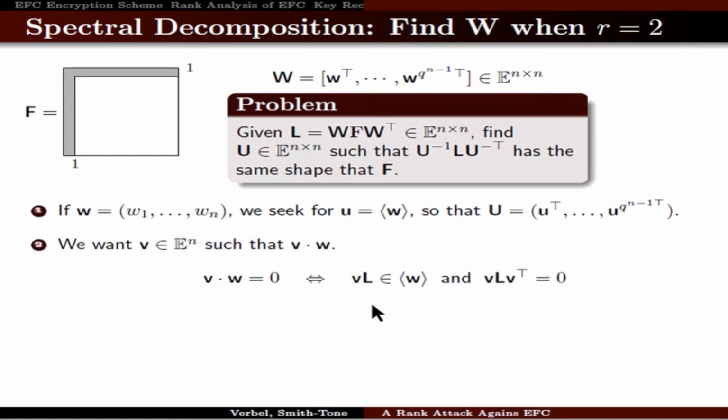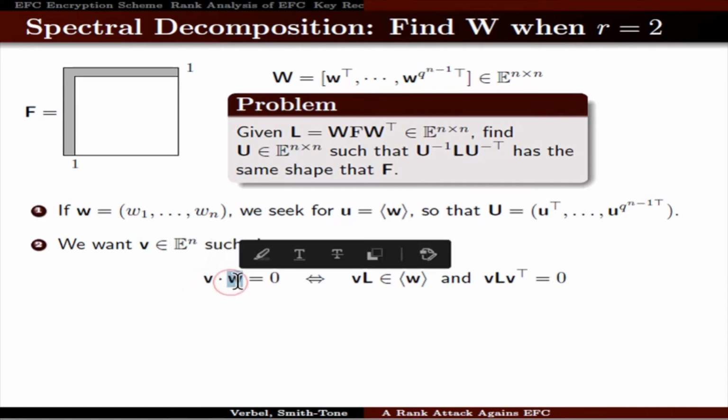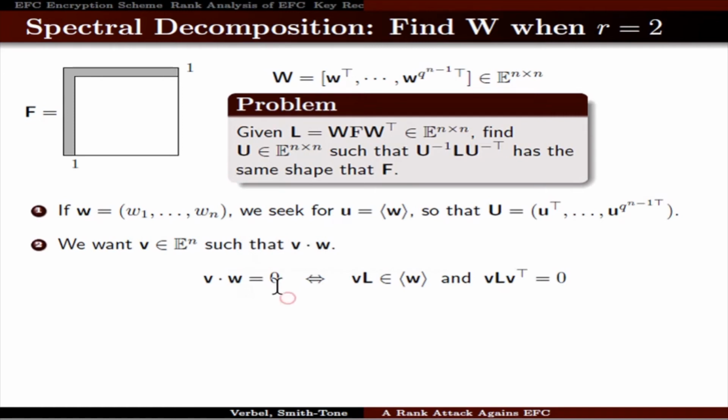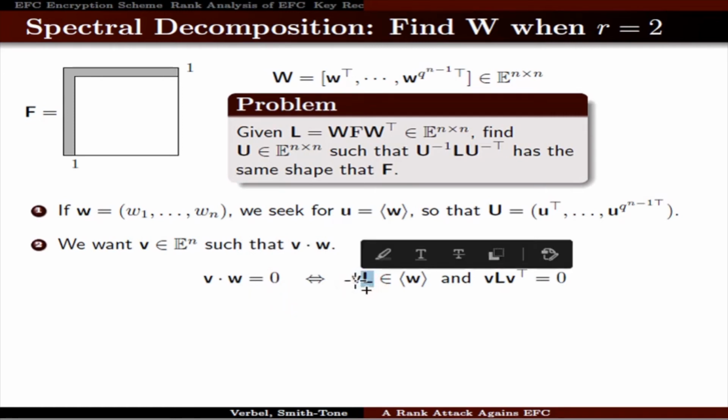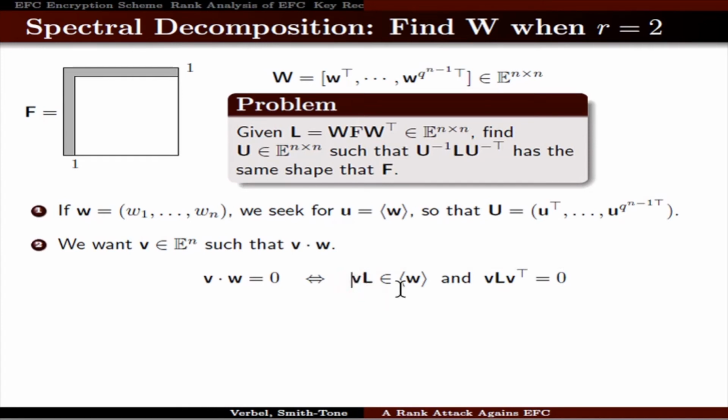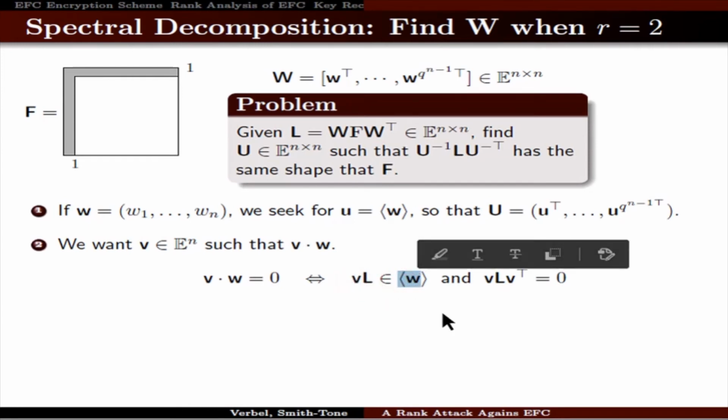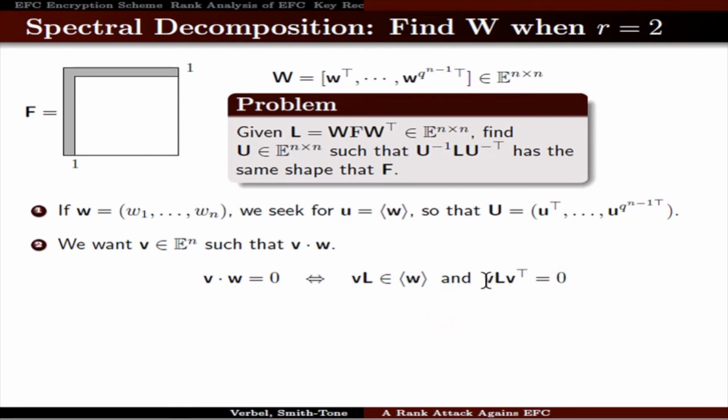And to find such a vector here, what we just need to do is to find a vector that is orthogonal to our vector W, because if that happens, then the multiplication of V times L is going to be an element in the space generated by W, but also the multiplication of V times L times V is going to be equal to 0.